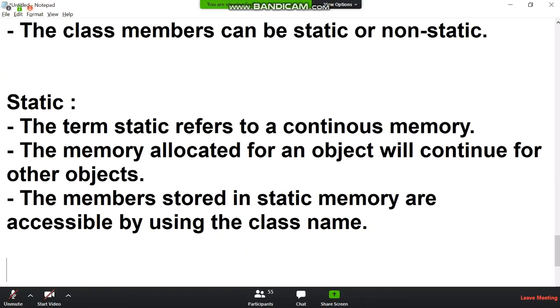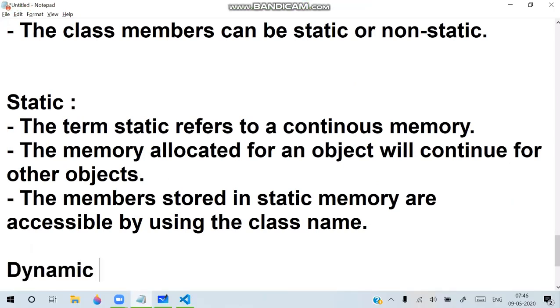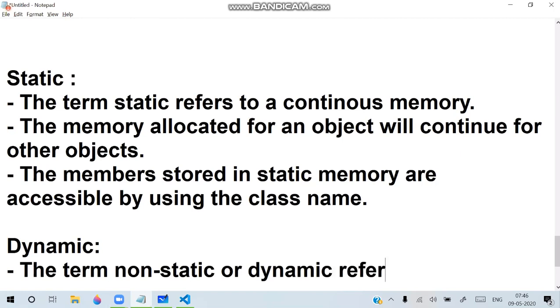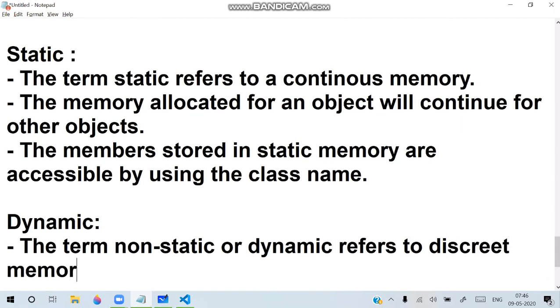Now, what is dynamic actually? Dynamic, or you can say non-static. The term non-static or dynamic refers to discrete memory, so not continuous memory.